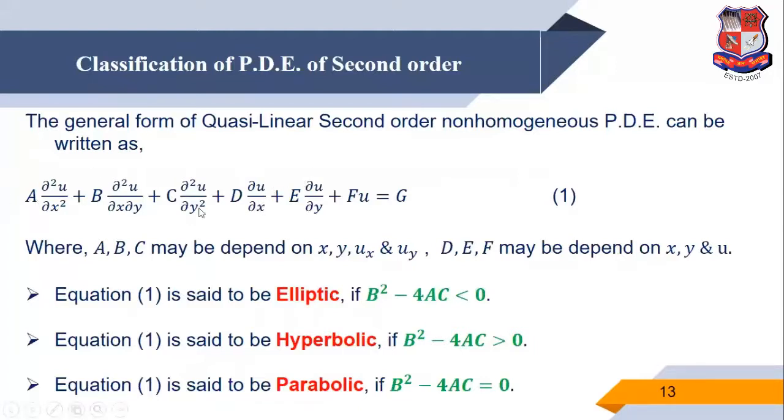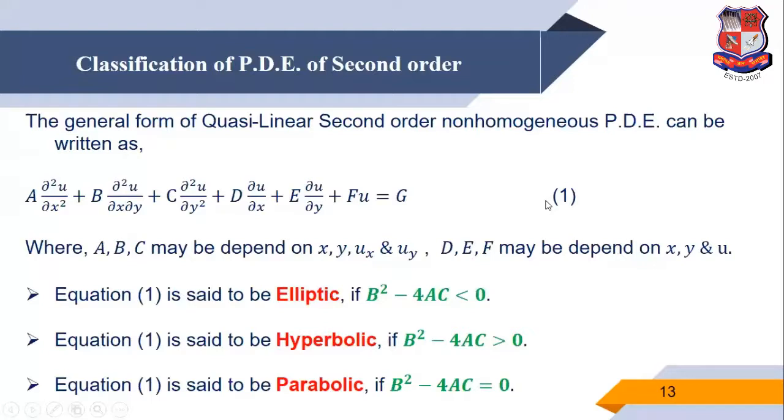Now this second order PDE, how to classify? We find the value of A, B, C, and the theory is: equation 1 is said to be elliptic if B square minus 4AC is less than 0.